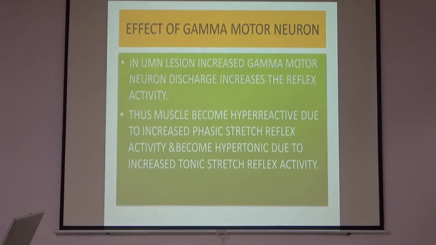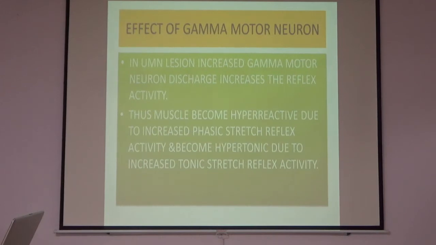Then we are talking so much about tone. So what do you basically mean by muscle tone? How do you define muscle tone? It is basically the resistance of a muscle to stretch, and this is called tone. So the resistance formed by the muscle in response to stretch is called muscle tone.